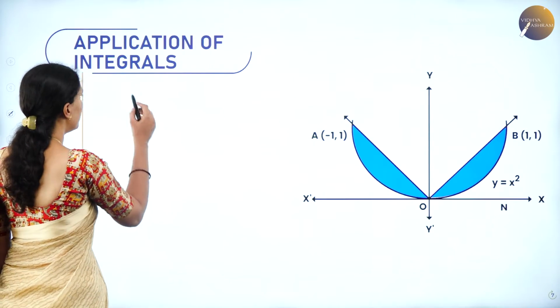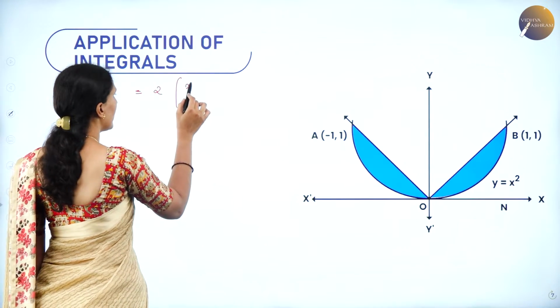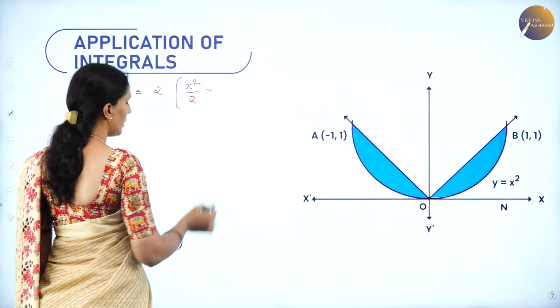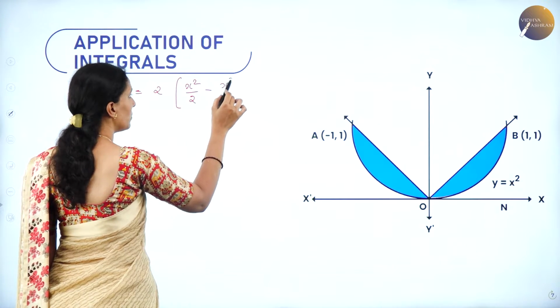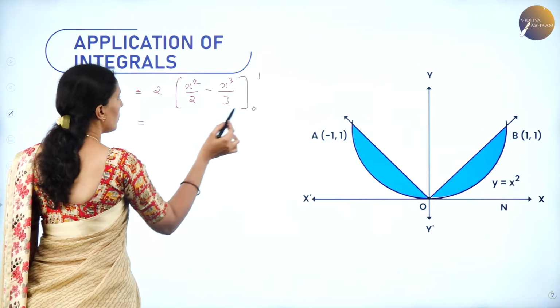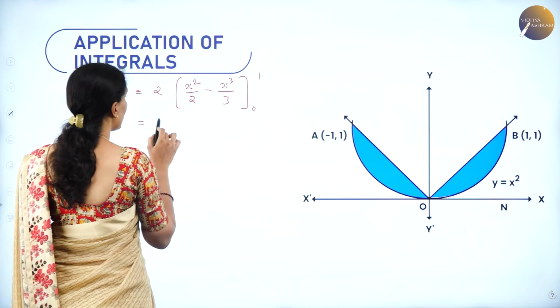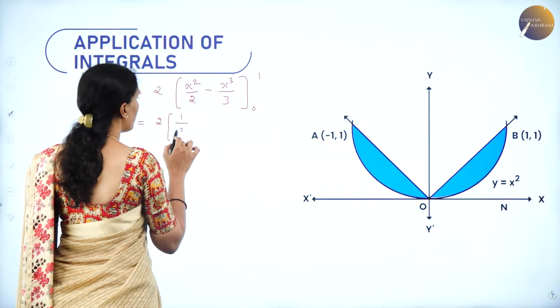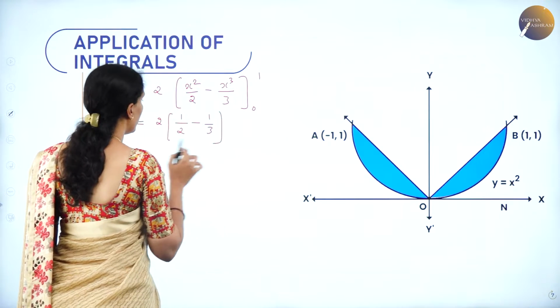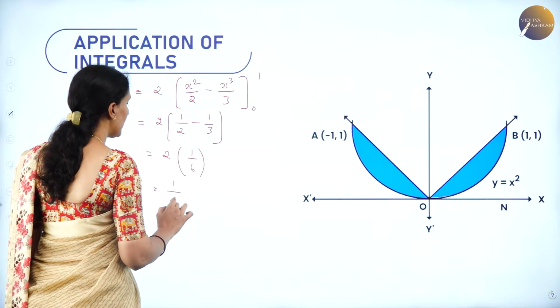So next, when you integrate x, you will get x square by 2, and when you integrate x square, it is x cube divided by 3. Apply the limits from 0 to 1. The lower limit is 0, so we can leave applying the lower limit. Just apply the upper limit. Then you will get 1 by 2 minus 1 by 3, which is 2 into 1 by 6. And when you calculate, it is 1 by 3.